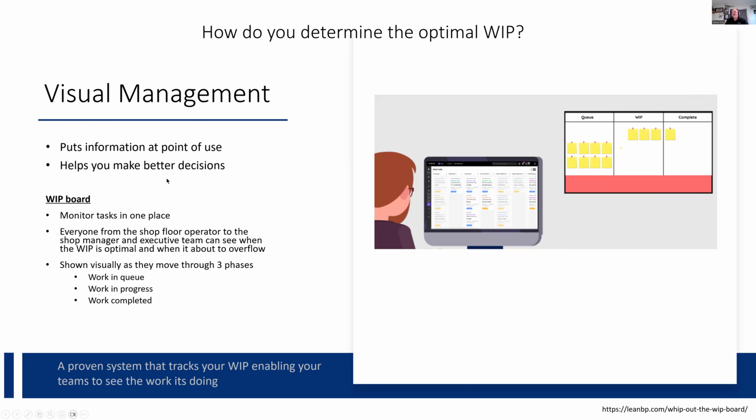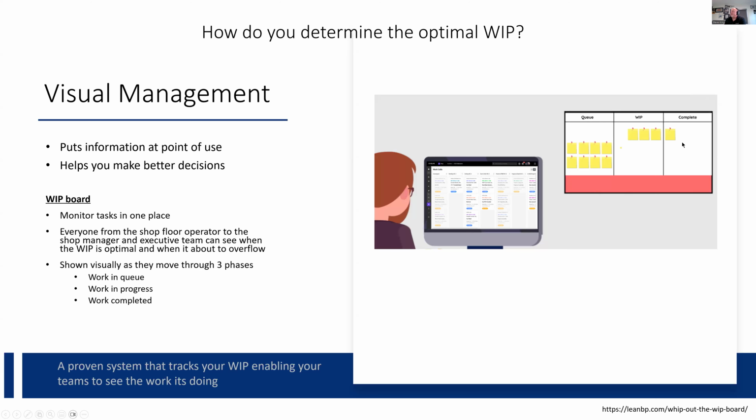But this is the way that I think it was easiest to deal with WIP, seeing it first. What we're calling here the WIP board in our system is a work cell Kanban board, but it is in essence a WIP board. It's what work is in progress at any given time. And so it's really three things here. There's a queue, what has not been started, there's work in progress, and then there's work complete.